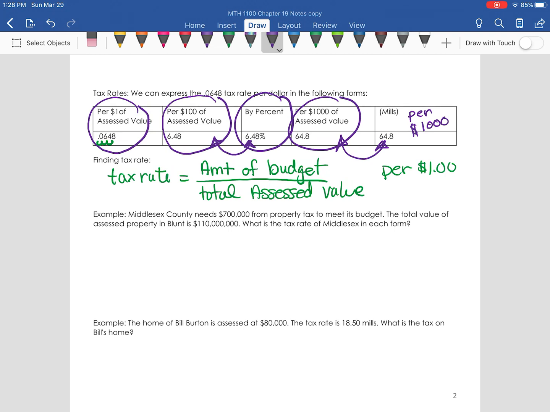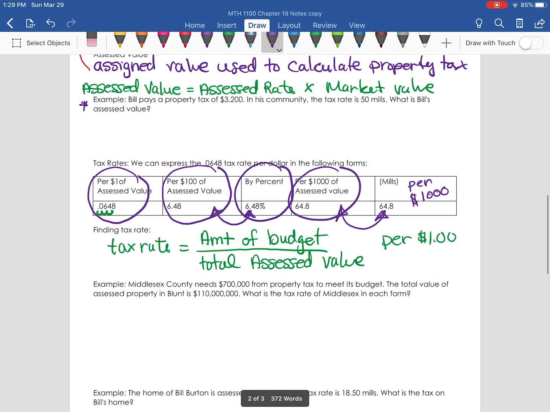If I was to write it in terms of per 100, that means for every $100 of my assessed value, I'm going to pay $6.48 for my taxes. So there's all different ways that we can write it, and basically we're just moving the decimal place depending on what we want to take it out of. Do we want to do it per $1, per 100, or per 1,000?